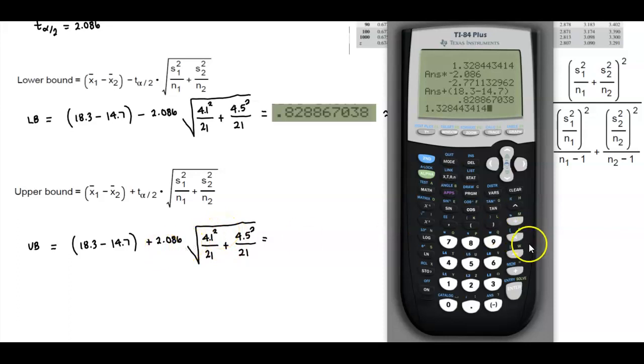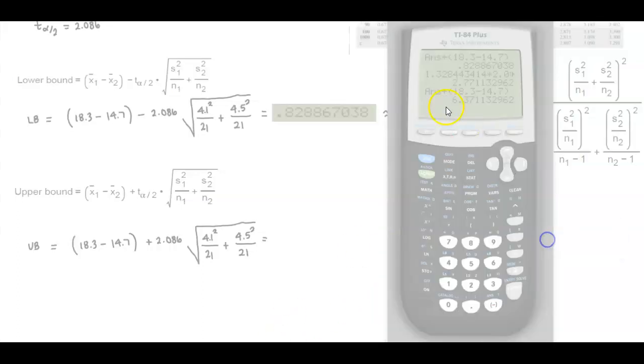Now we're going to multiply it by positive 2.086. Then we're going to add, again in parentheses, 18.3 minus 14.7, close the parentheses, and hit enter. Therefore, we get that number.